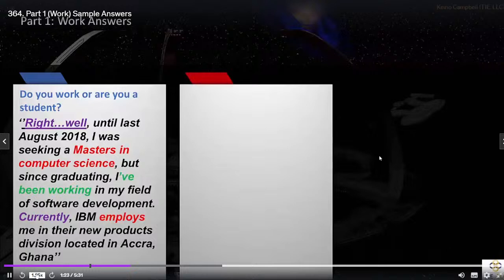Okay, here we're starting off with fluency language, "right, well." We're talking, going from the past to the present. Again, I mentioned that earlier, going from saying what you were doing before and then leading into what you're doing now is a great way to give a nice, fluent answer.